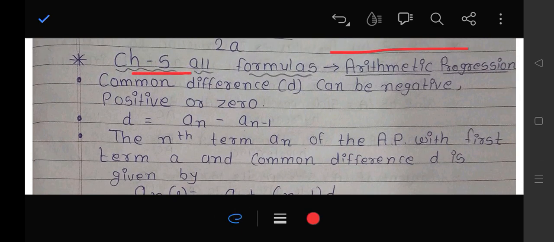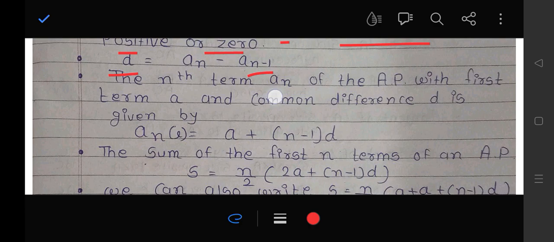Chapter 5. Common difference d can be negative, positive or 0. d is equal to an minus an minus 1. The nth term an of the AP with first term a and common difference d is given by an is equal to a plus n minus 1 into d.